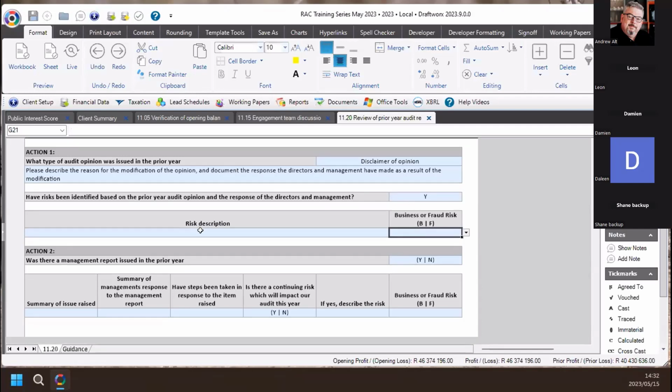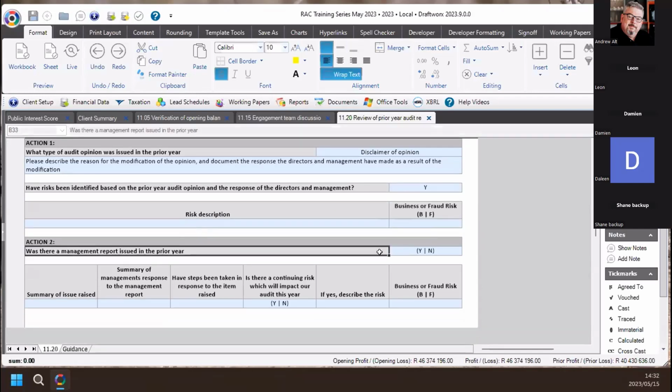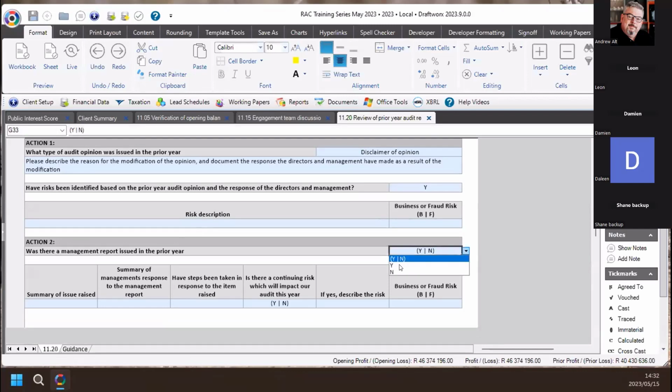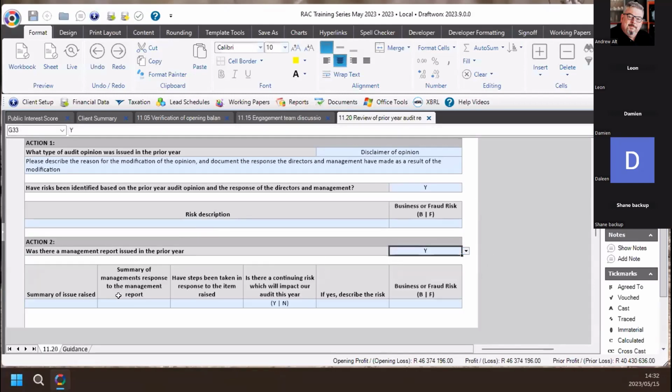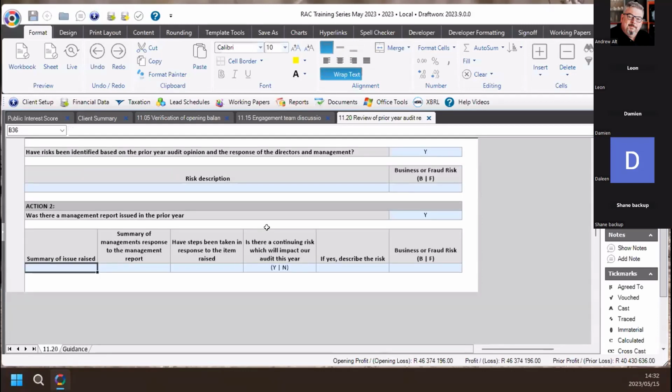Then we follow the same process with the management report. Now, it first just asks, is there a management report from last year or not? If there isn't, obviously, then we can't raise risks based on last year's management report. But if there is, we then go and do a summary of last year's management report in this file.